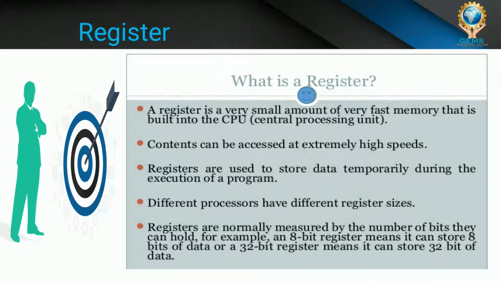The first topic that I am going to talk about is register. I already discussed registers: where we use them, why we use them, and what the advantage of a register is in computer organization and architecture.